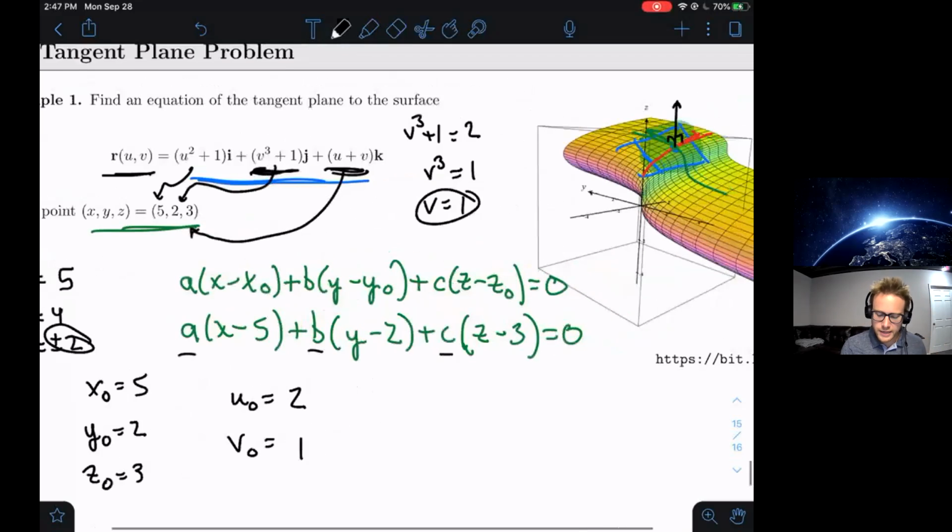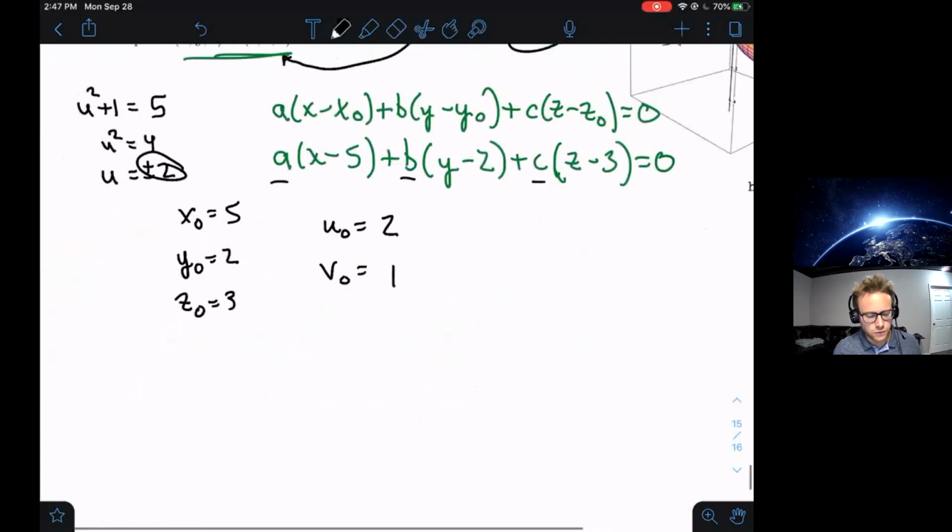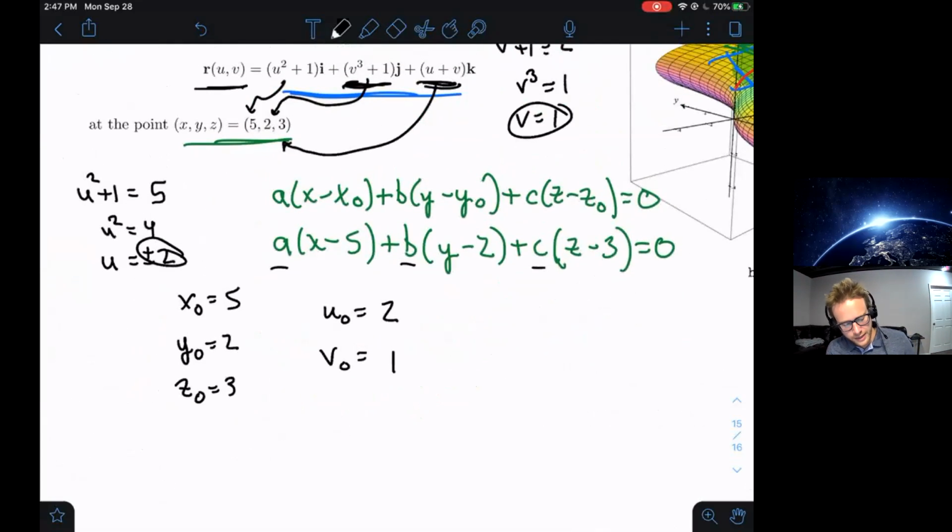So in order to get these curves here, just like when we were talking before with the sphere, we're going to go ahead and restrict down to a specific value for one of these variables. So for the time being, I'm going to think about our surface, but restricted down to U equals 2. V can still be whatever it wants, but U is going to be equal to 2.